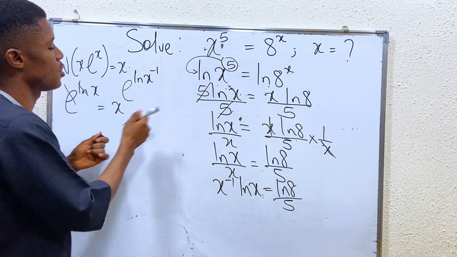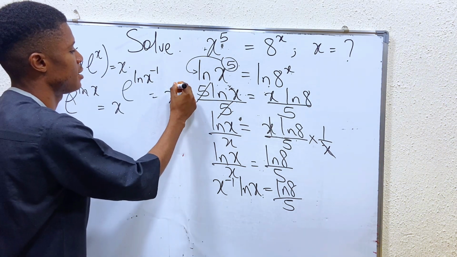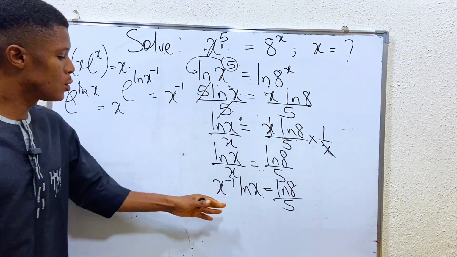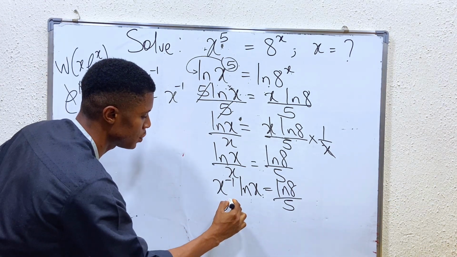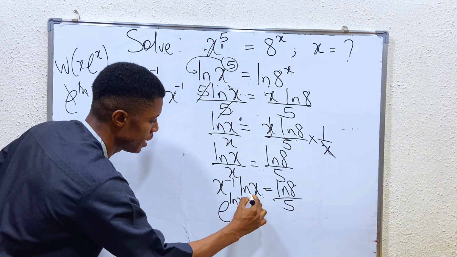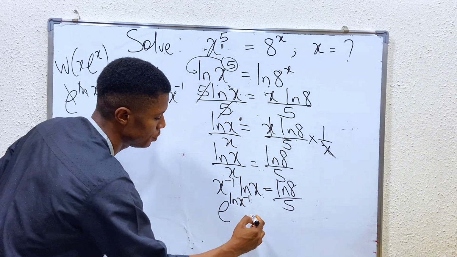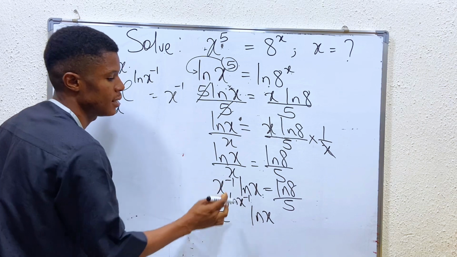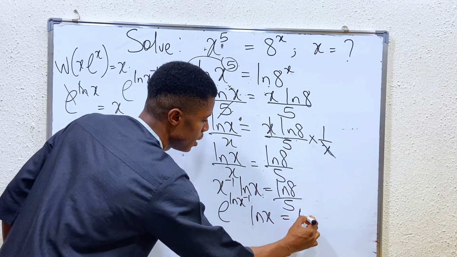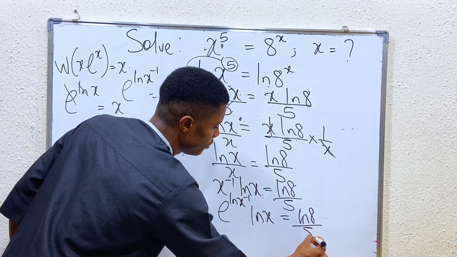Since this and this cancel, we are left with x^(-1). So instead of writing this, I can write e^((-1) ln x) times ln x, and that equals ln 8 over 5.